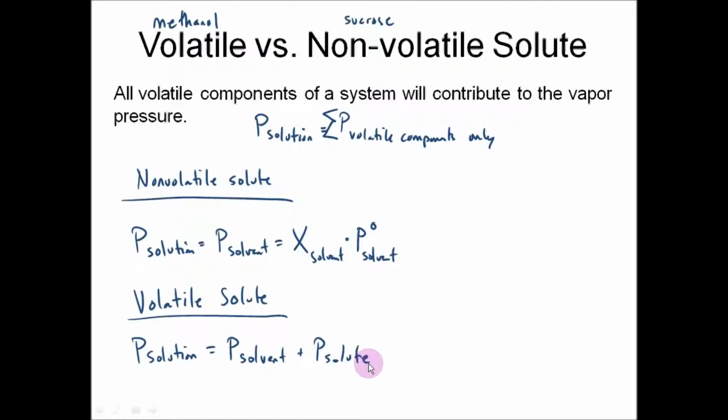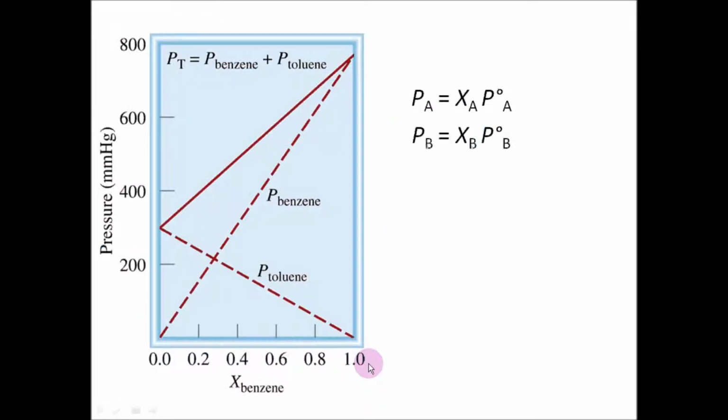All right, on the next slide, I'm going to show you what that is going to look like. So in the simplest scenario, we just have to worry about one component in our solution. And in a more complicated scenario, we have to worry about two components in our solution, both the solvent and the solute. Here's what that's going to look like in a graphical form.